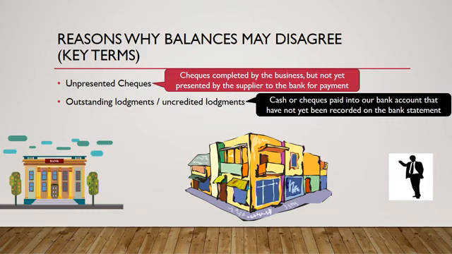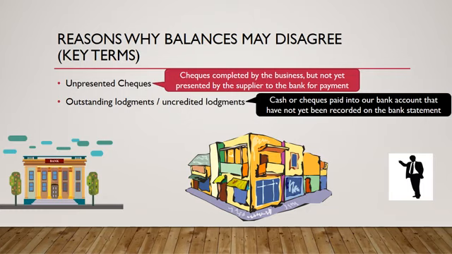So these unpresented checks make the bank statement and the cash book not balance, because in the cash book we have reduced the amount that we have paid to the supplier.